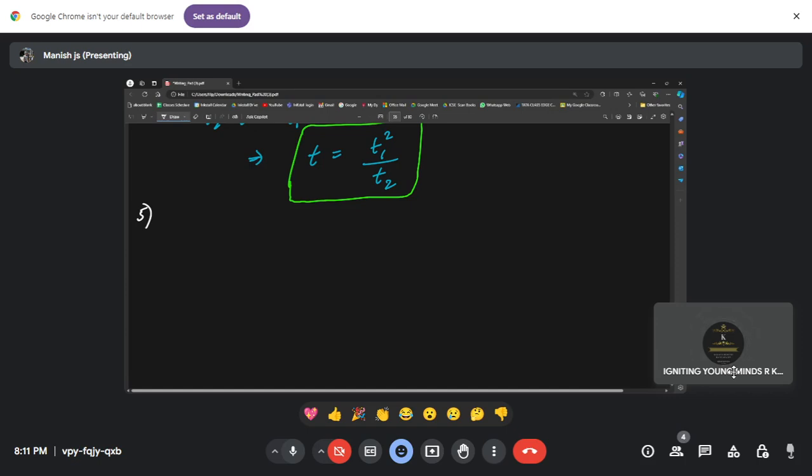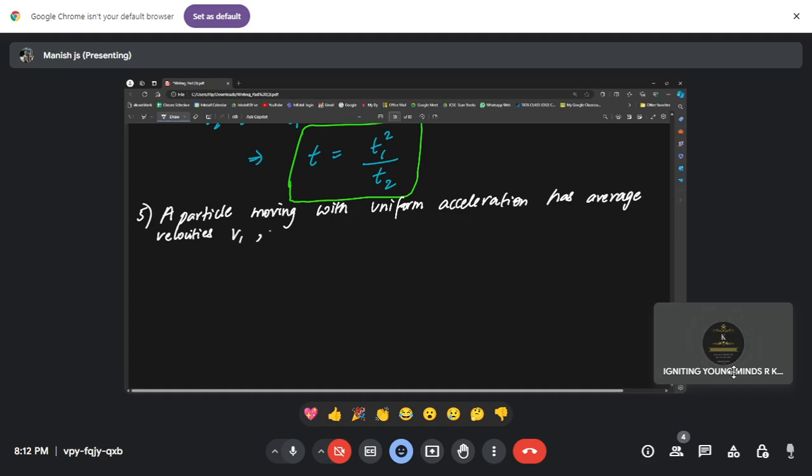A particle moving with uniform acceleration has average velocities v1, v2 and v3 over successive intervals of time t1, t2 and t3.